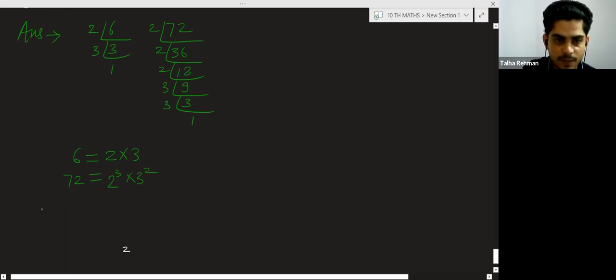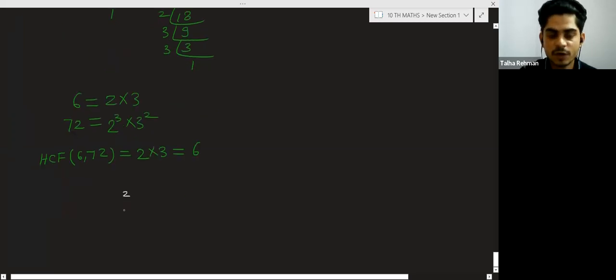So here HCF of 6 and 72 will be the lowest common power of 2, which is 2 to the power 1, and 3 to the power 1, which is 3. So we have the HCF now.